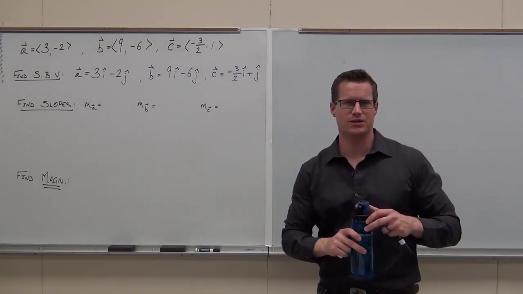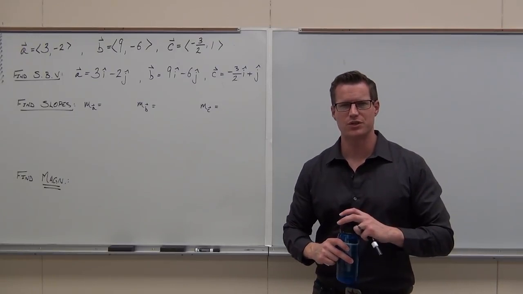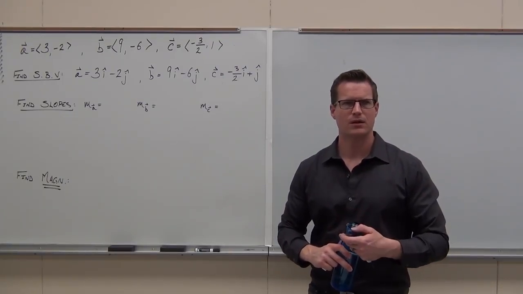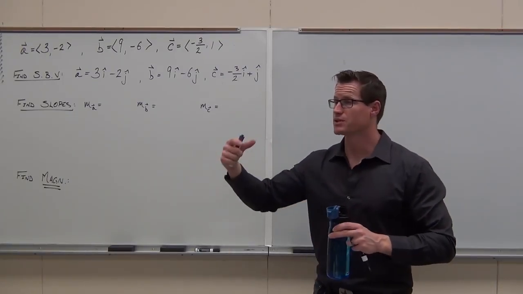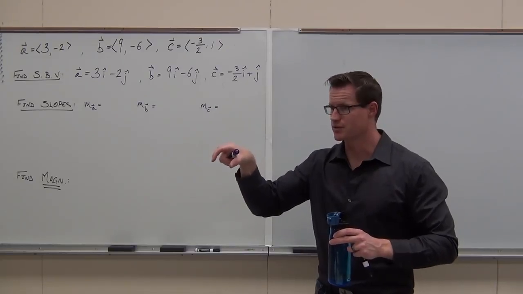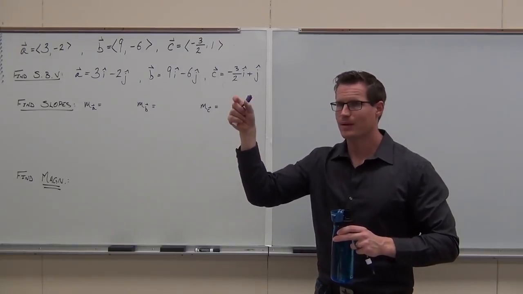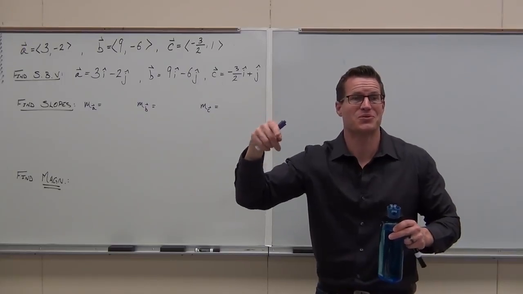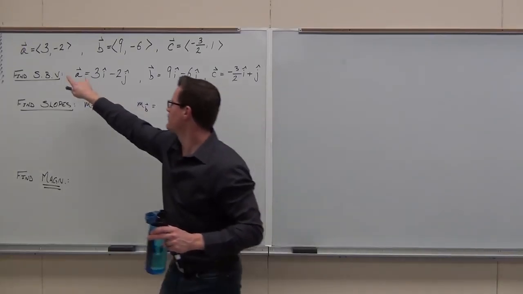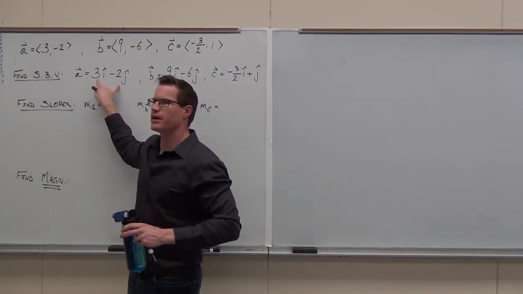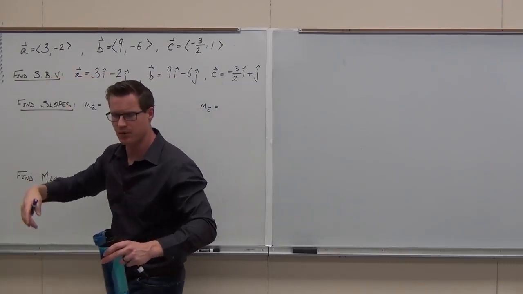How do you find the slopes for position vectors? Since we have position vectors and our initial point is 0, 0, that whole rise over run thing works really nice because it's literally given by here or here. Get used to finding slope from either one. They both work exactly the same.